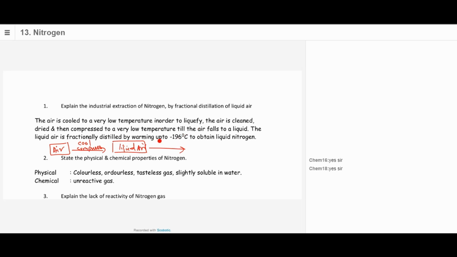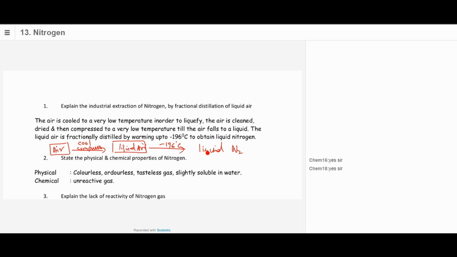Then this liquid air is at about minus 200 degrees Celsius. When it is heated up to minus 196, you can obtain liquid nitrogen. When it is further slightly heated to minus 186, you get liquid argon.